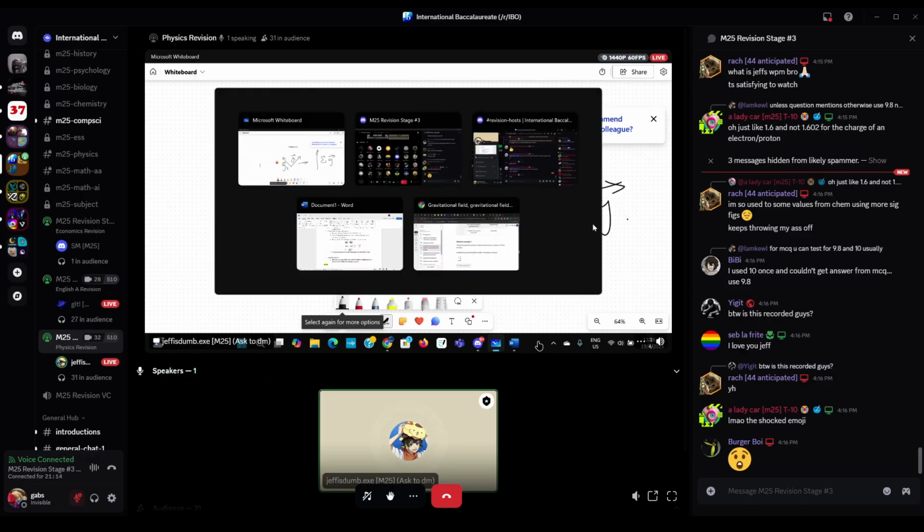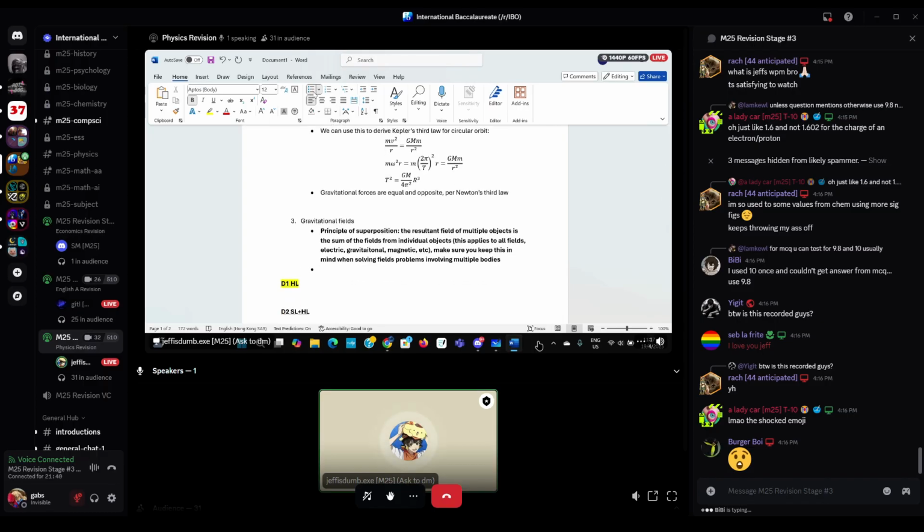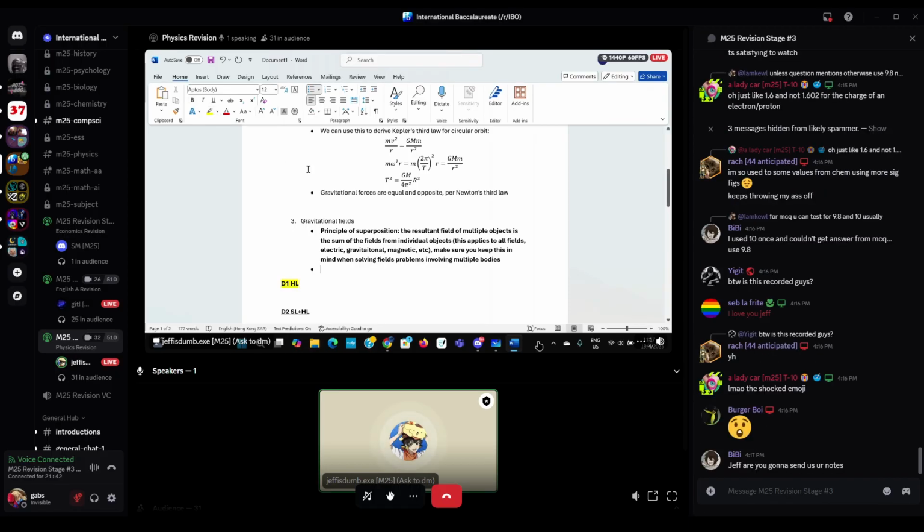So remember this principle of superposition, and this applies to all fields: electric, gravitational, magnetic, etc. Make sure you keep this in mind when solving fields problems involving multiple bodies. Now I'll talk about gravitational fields.